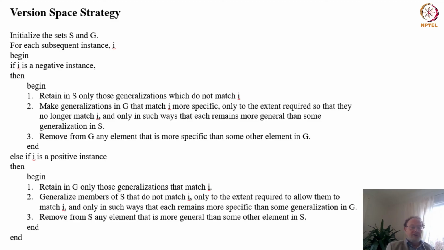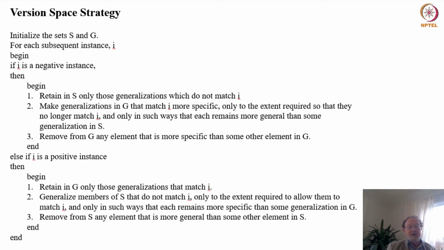And finally, there is a third case in both blocks, because after all this is done, 1 and 2, we then have to see to it that we don't have unnecessary elements in G and S. So in the first block, we remove from G any element that is more specific than some other element in G, because we only allow G to go down, so to say, in the level from general to specific, if this is motivated by the instances encountered.